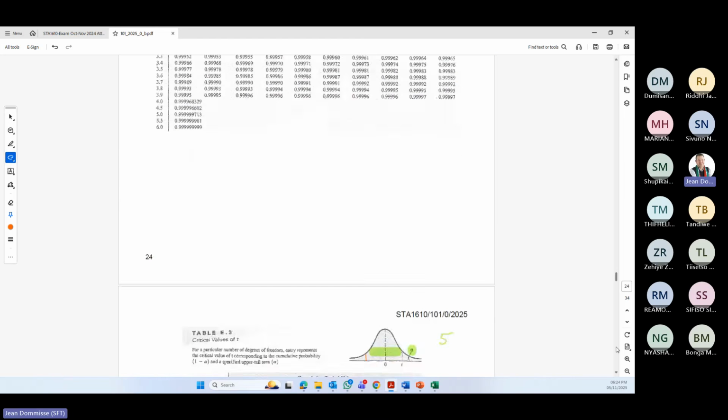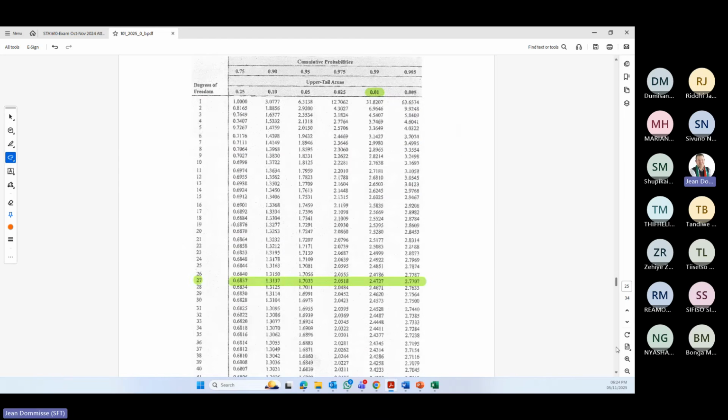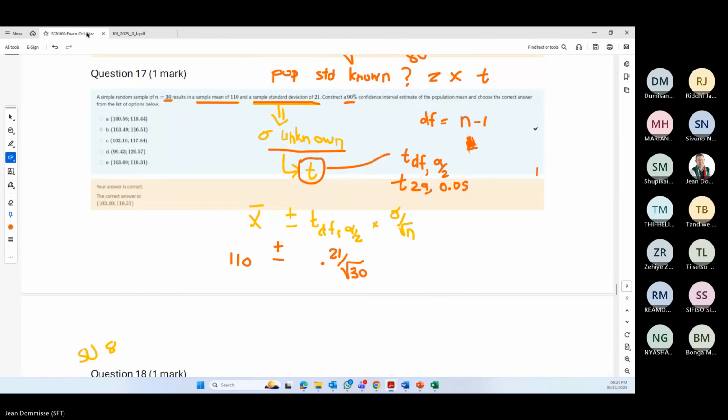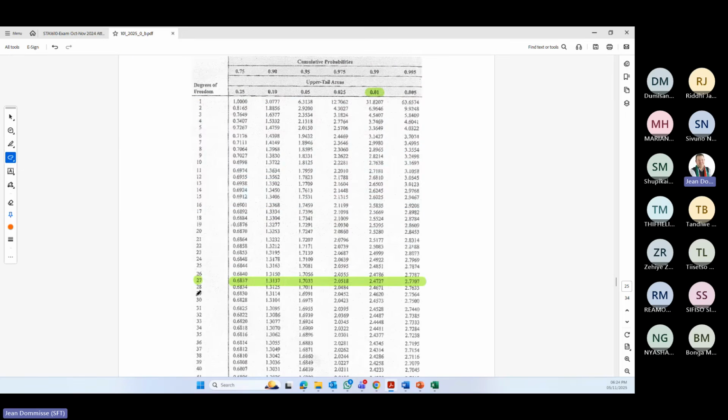Let's see where's the T distribution. T distribution, we set 29 and 0.05. T 29, 0.05, 1.6991.